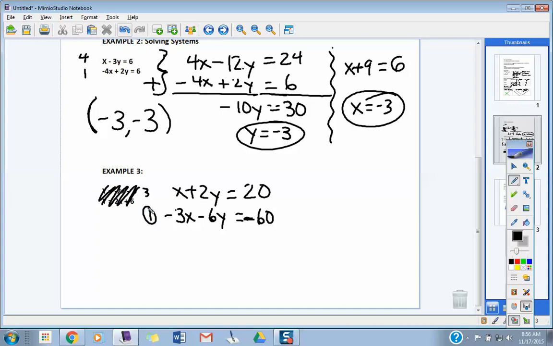All right, so let's rewrite this. Guys, help me out. What's up top now? If I multiply everything by 3 up here, what's the top equation going to become?